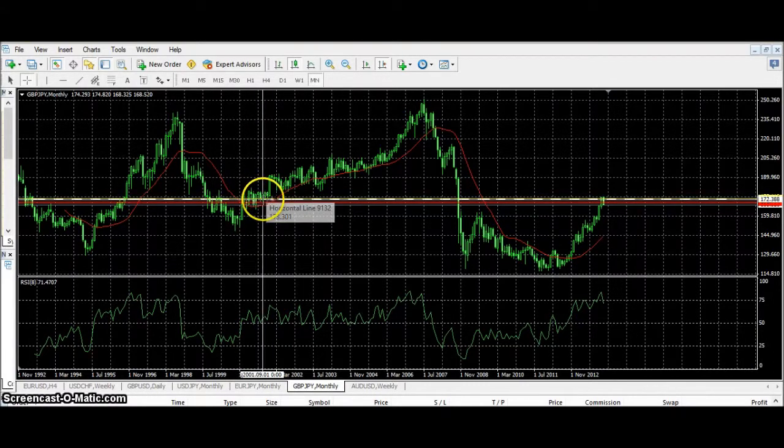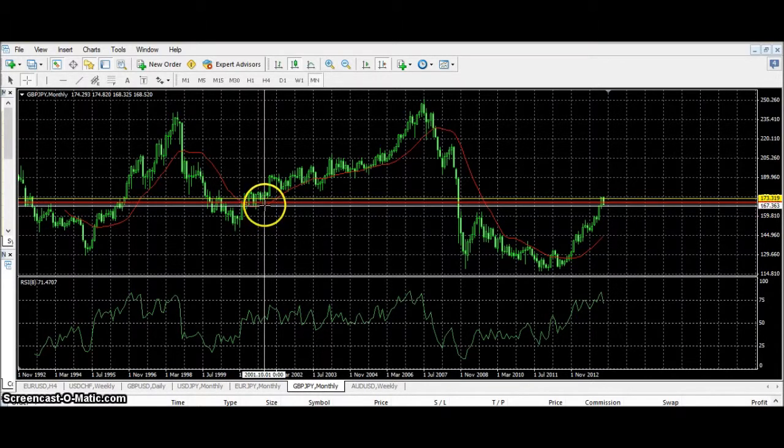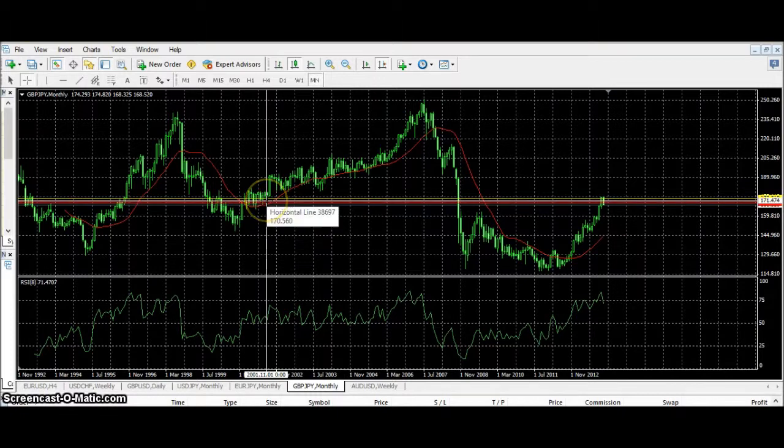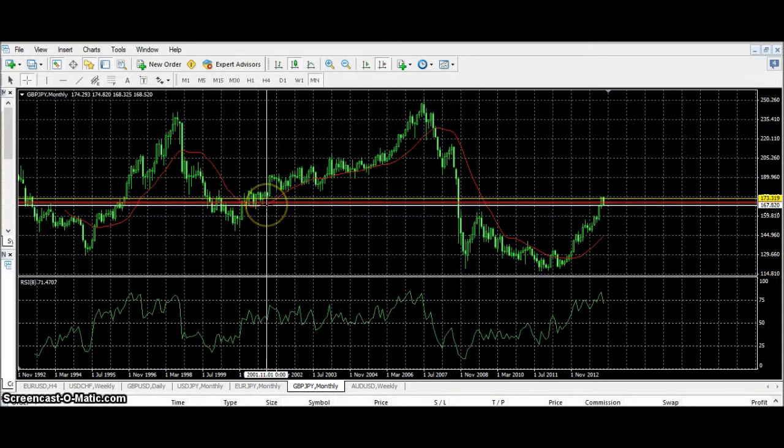So I believe this currency pair might fall as low as, because it has already broken the 171 region, the next possible region for it to fall is 167 and 164. Let me minimize it a little bit for you guys to see.